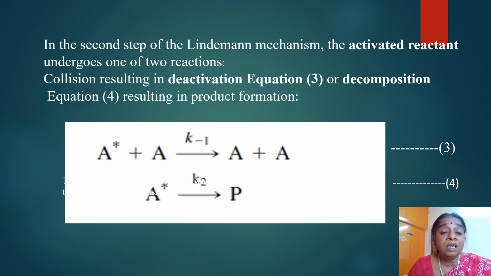So we have three rate constants representing the three steps proposed by Lindemann: A reacting with A to give A star and A, the first step; the second step involving A star and A going back to the original reactants with lower energy, A and A; and the third step, A star giving product, which is the final product formation step.